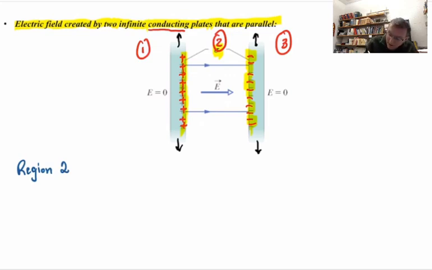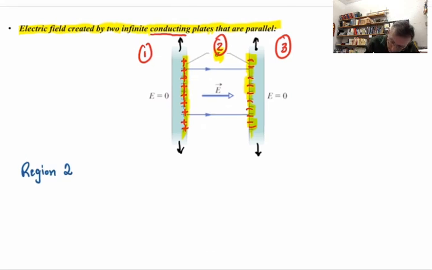So what I've got, I'm just going to draw the charges, is a positive planar charge distribution that goes up and down and in and out of the screen, and a negative planar charge distribution of equal amount, but negative, that goes up and down and in and out of the plane.